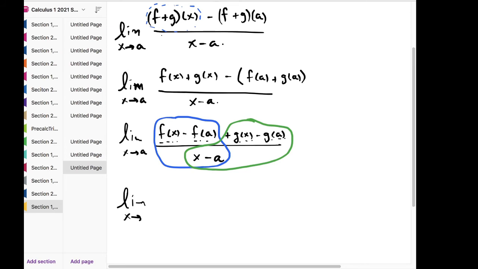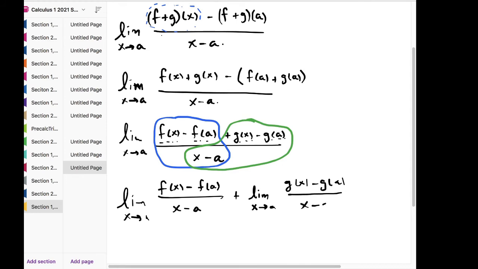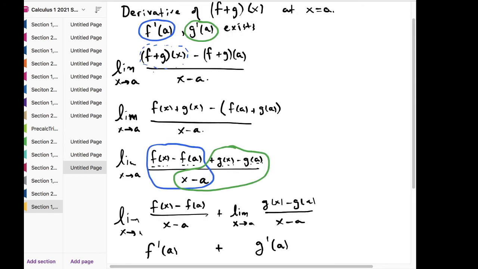So if we separate, these separately are exactly f prime of a and g prime of a. So we proved it.